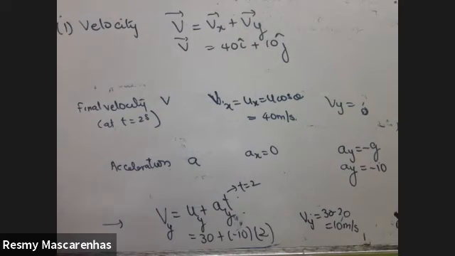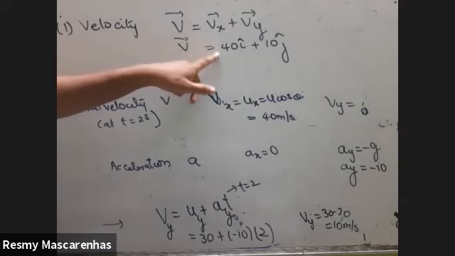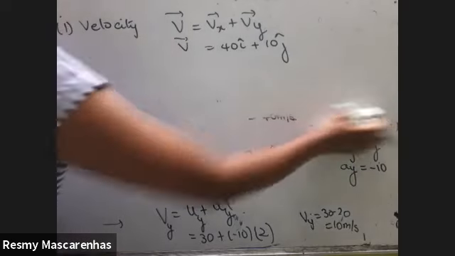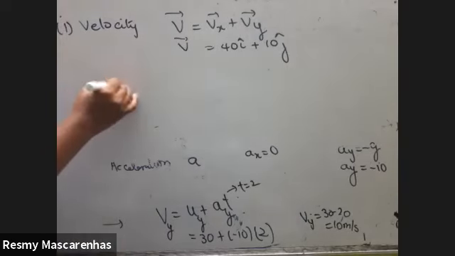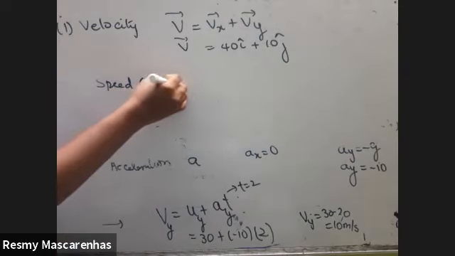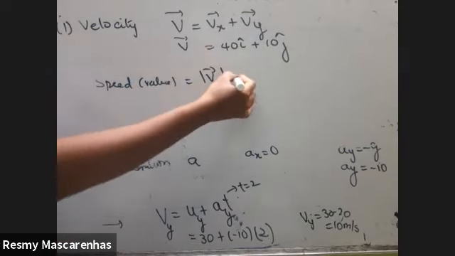Now, the first part asked for velocity and speed. Velocity means vector, speed means value. How to find the value of this? Anybody remembers? I want to convert the vector into a magnitude. Speed means always the magnitude part, X square and Y square. So we have to find the magnitude of v. Speed is always a pure value.